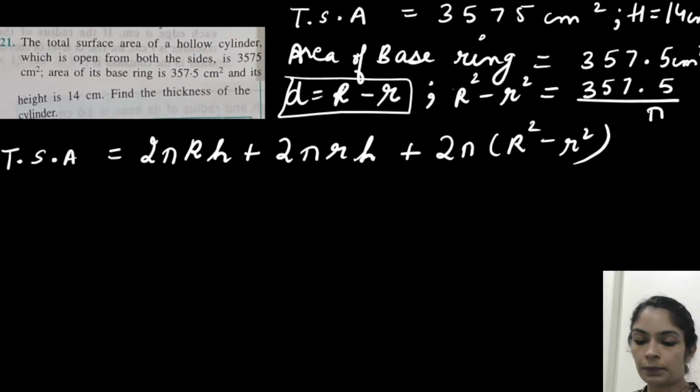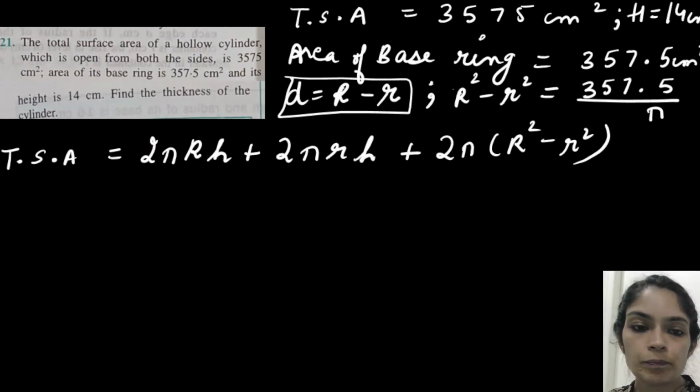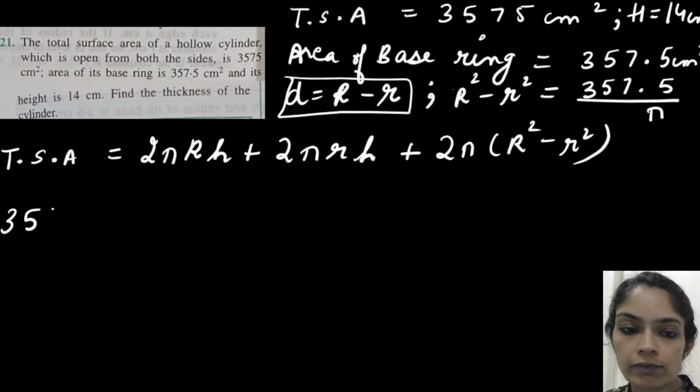So this is the formula of total surface area of hollow cylinder. At the starting of this chapter, I discussed this. Now it's given to us, so the total surface area's value is 3575.